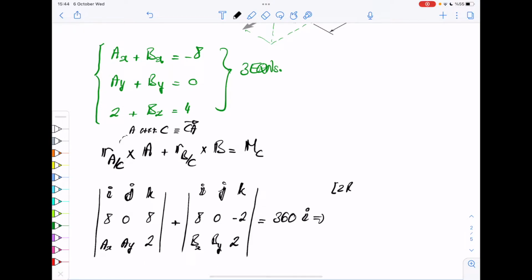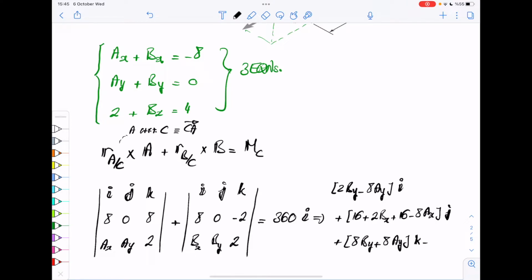Okay, so you would have something like 2by minus 8ay in the I direction plus 16 plus 2bx plus 16 minus 8ax in the j direction and plus 8by plus 8ay in k direction. That altogether is 360 in I direction, okay?